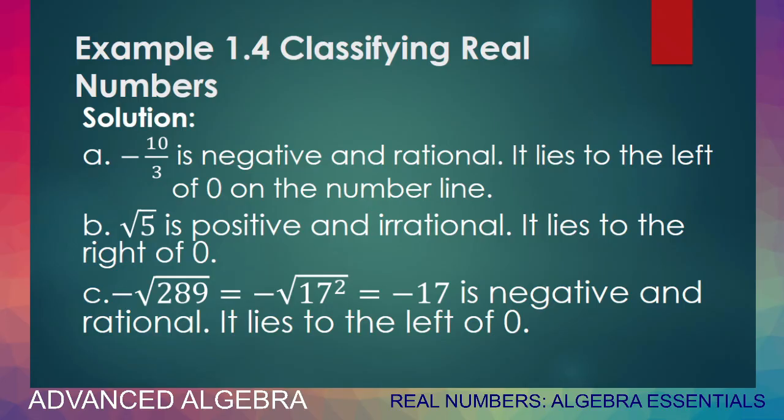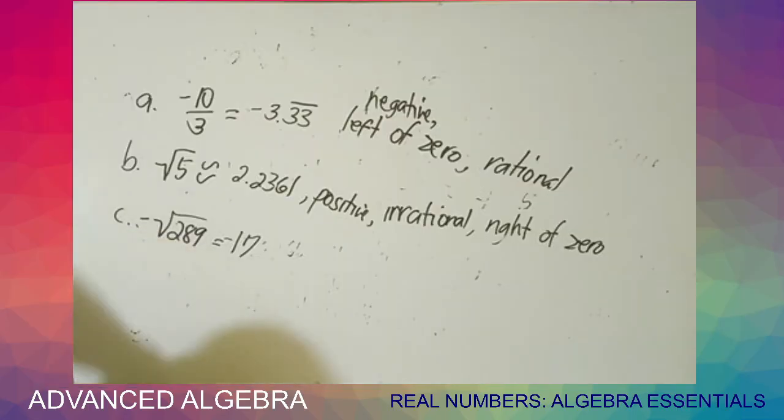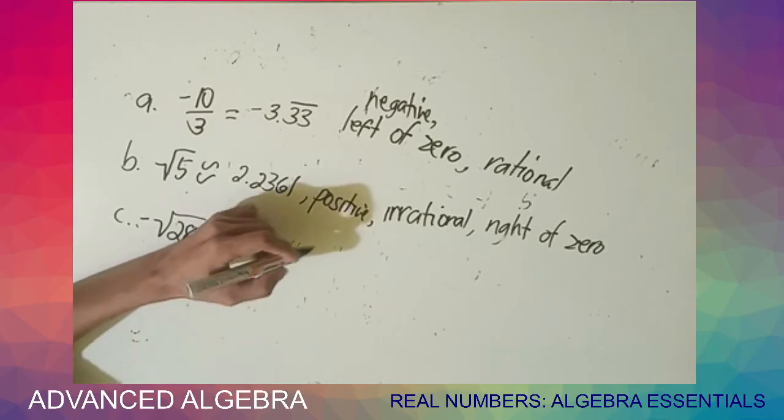So, next. What is letter D? Letter D is negative 6 pi. That symbol is called pi. Okay? Let's show it on our board.